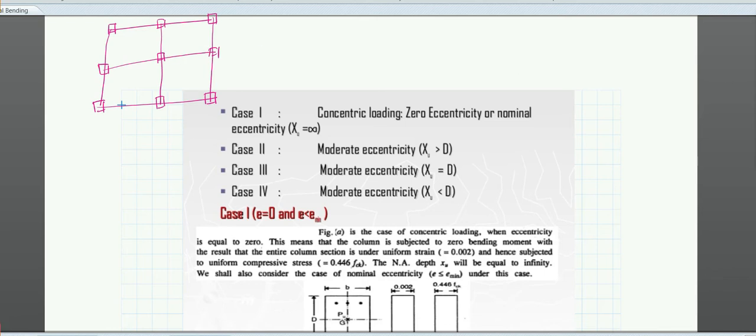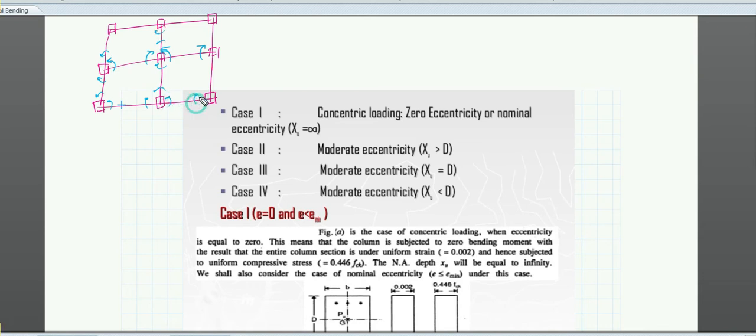Suppose I'm drawing it something like this. Suppose this is the moment, and this beam will be having moment, and this beam will have moment. Similarly, all the beams will be having some moments, as you have already studied.